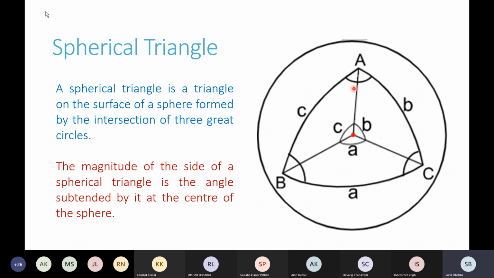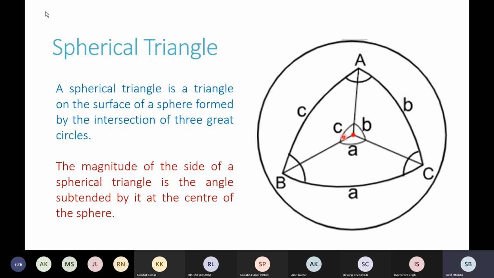So let's take, for example, side AB. You can see this is side AB. Now, if I join A with the center of the sphere here, and I join B with the center of the sphere, now both these lines joining A and B with the center of the sphere make an angle at the center.